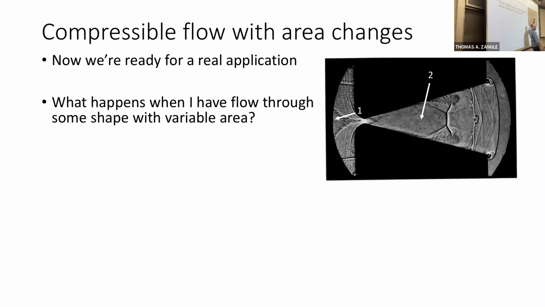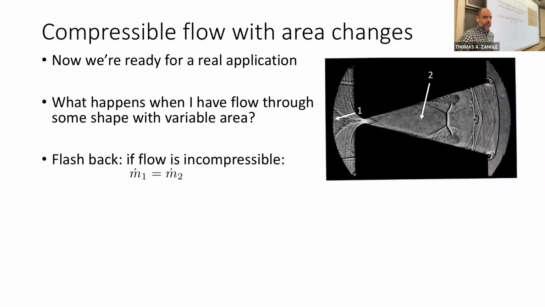Some kind of nozzle shape, like a rocket nozzle, a Venturi, or even just any system with variation in internal area. So what happens when we have flow through such a shape? We can now analyze it with these kinds of methods.